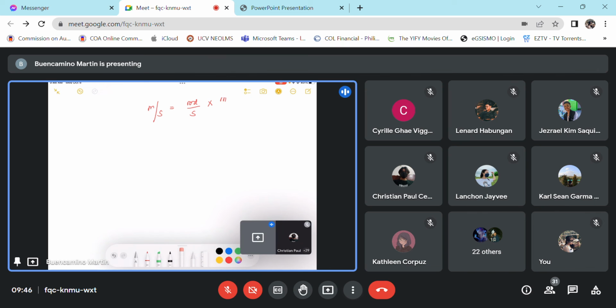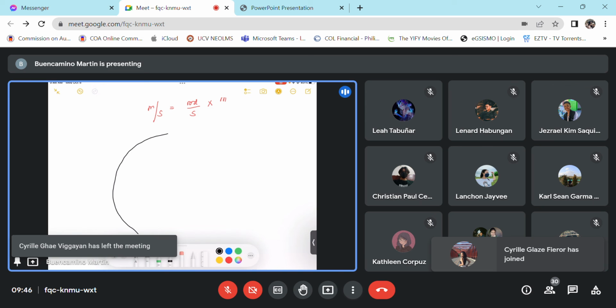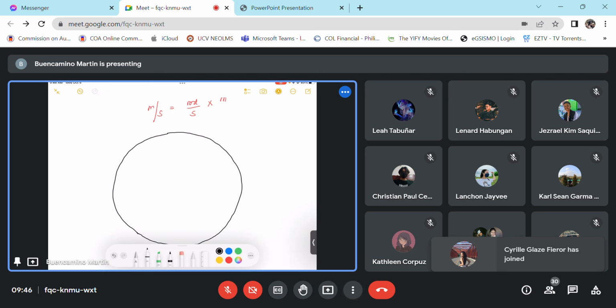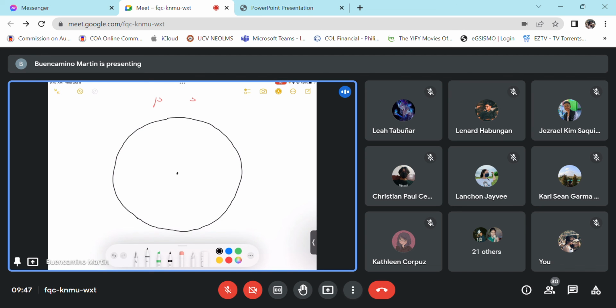Okay, so suppose here we have a circle. For purposes of clarification, we're going to explain the origin of the word radian. So kung meron tayong ganyang circle, the center of the circle, say at point O, is a point that is equidistant doon sa circumference ng circle.